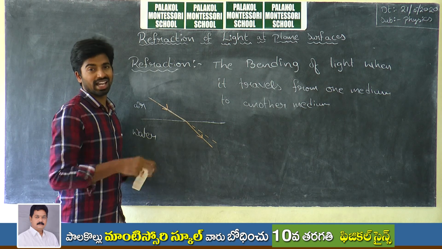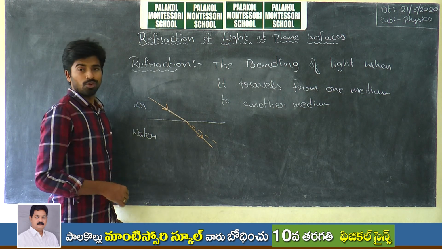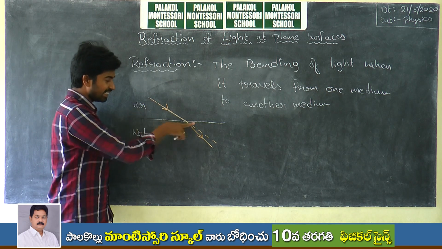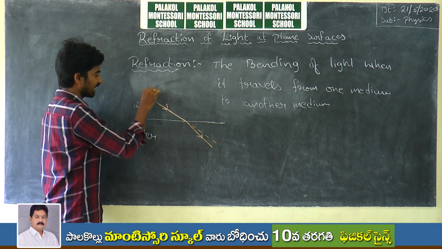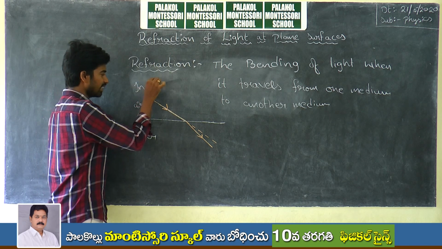The light incident on the boundary of the two surfaces is called the incident light ray.